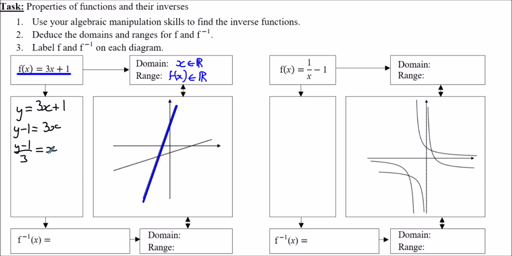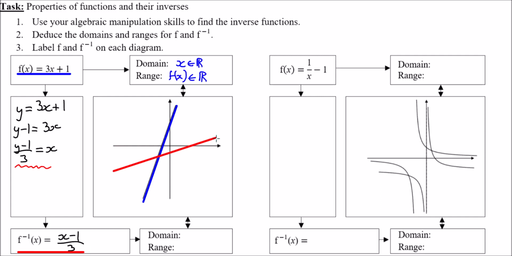And so therefore I can switch x for f minus 1 of x, and switch y for x. So instead of y minus 1 over 3, that becomes x minus 1 over 3. So f minus 1 of x is x minus 1 all over 3, which I'm going to do in red. And so the inverse is that one there.